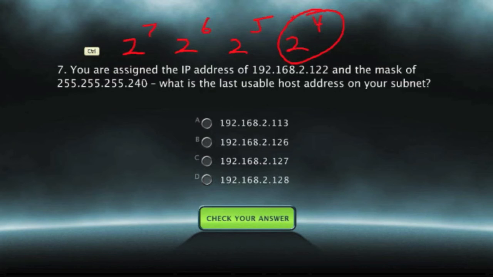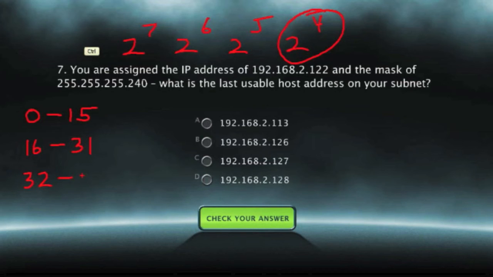So our subnets increment on 16. So we have 0 to 15, 16 to what would be next? 31.